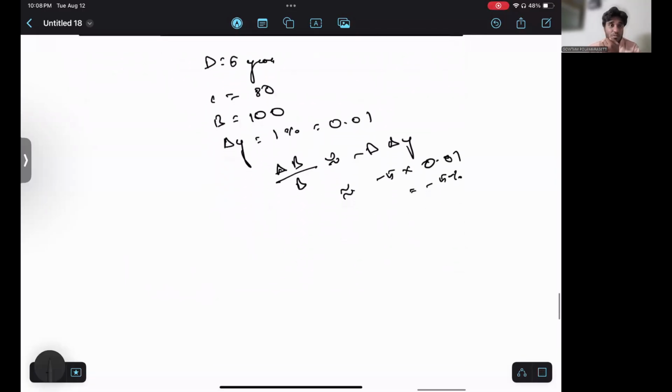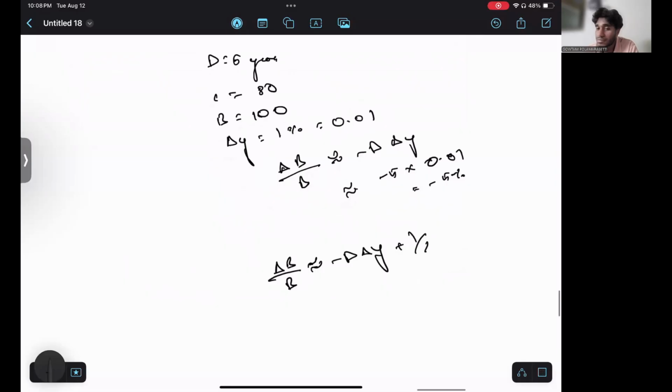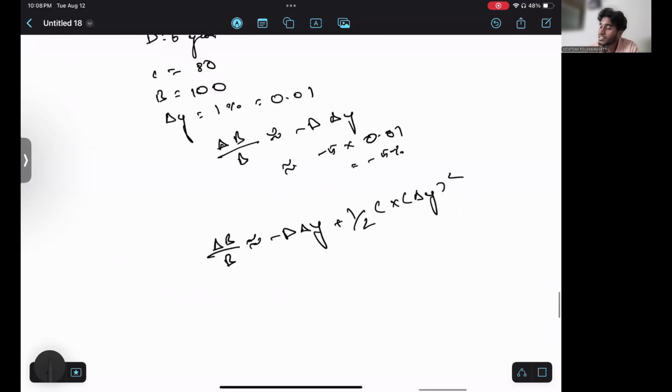Now, from the equation of convexity, we can say that the formula for percentage of price change is approximately equal to delta B by B equals minus D into delta y plus half of C into delta y squared. This is the correction term.